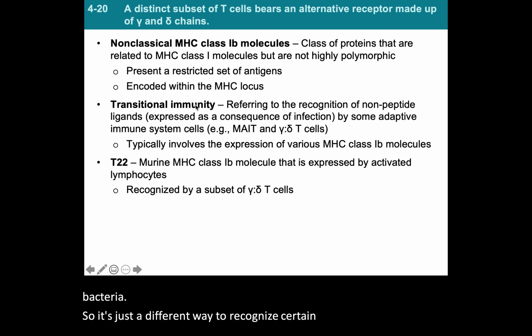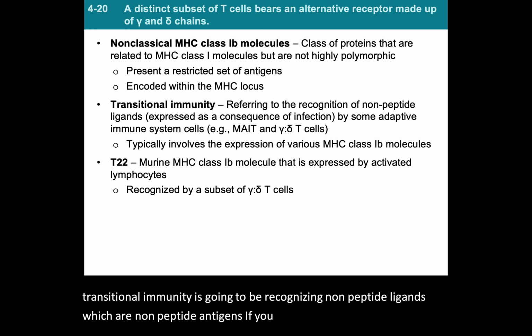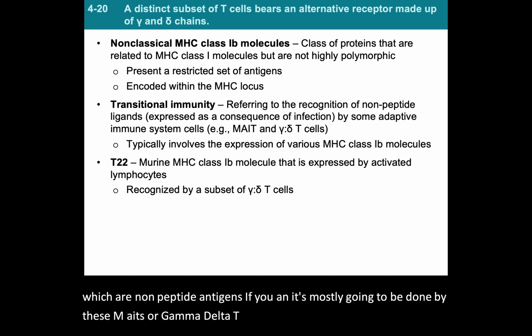And yeah, transitional immunity is going to be recognizing non-peptide ligands, which are non-peptide antigens, if you like. And it's mostly going to be done by these MAITs or gamma delta T cells. So they're not quite as smart.